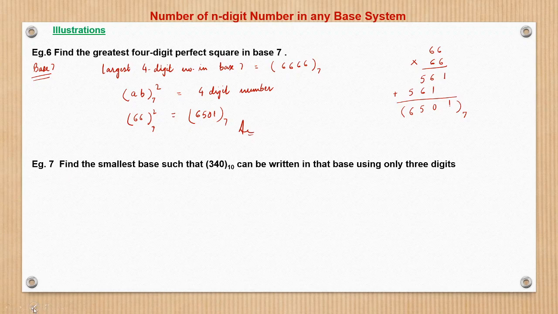Now we will look at question number 7. Find the smallest base such that 340 can be written in that base using only 3 digits.